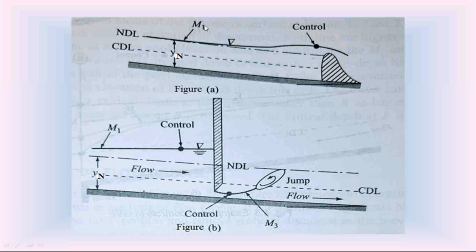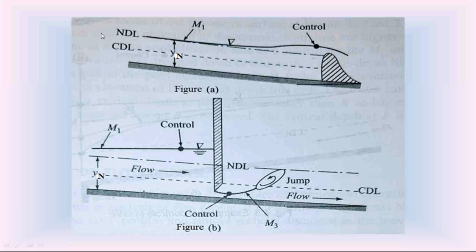Repeat this process. Take section 4. Find out the length of the water surface profile between section 3 and section 4, and section 5, section 6, like that. So take a number of sections on the upstream side till the depth of flow becomes nearly the same between two sections.